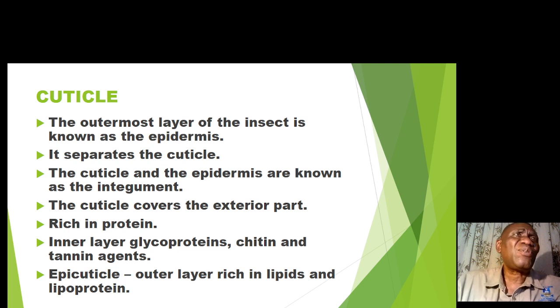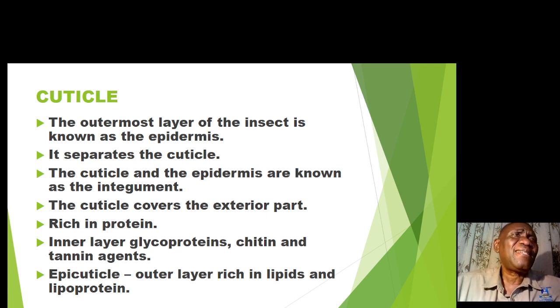The outermost layer of the insect is known as the epidermis. It separates the cuticle. The cuticle and the epidermis are known as the integument, the part of the insect. The cuticle covers the exterior part.